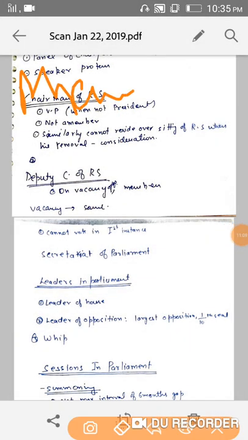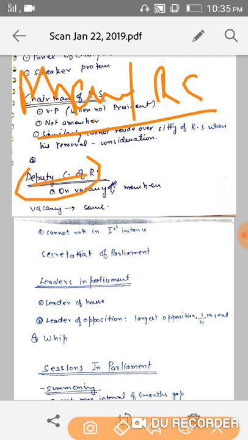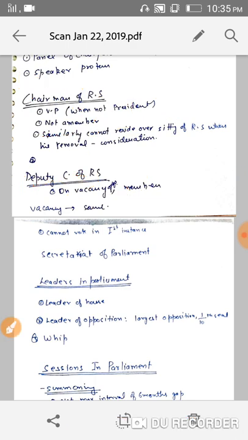So while his removal is being discussed, he can be there in the house, but he cannot vote. Again, his salary and his expenses are charged on the Consolidated Fund of India.